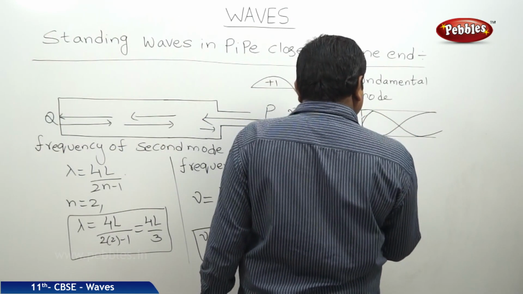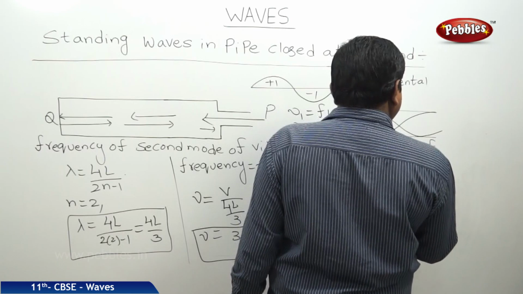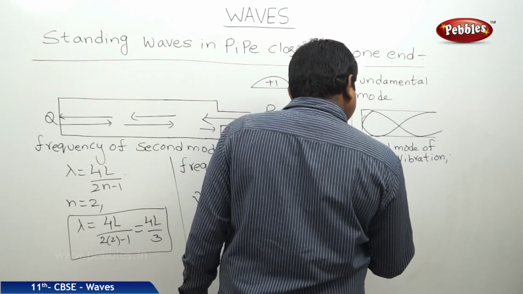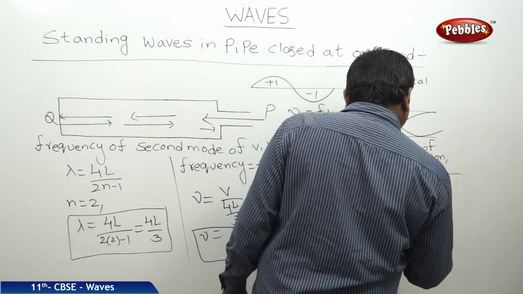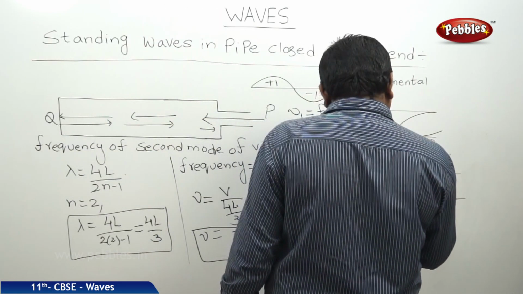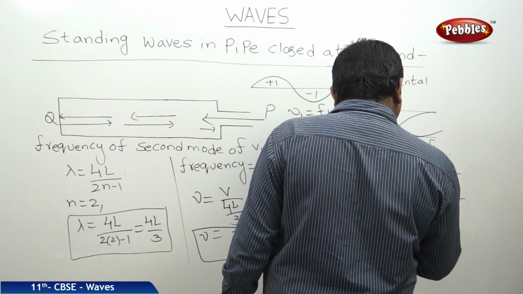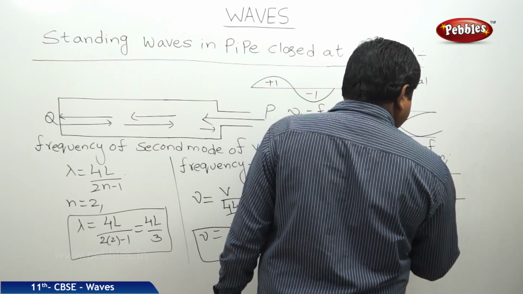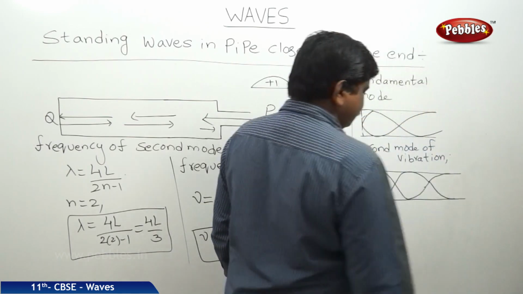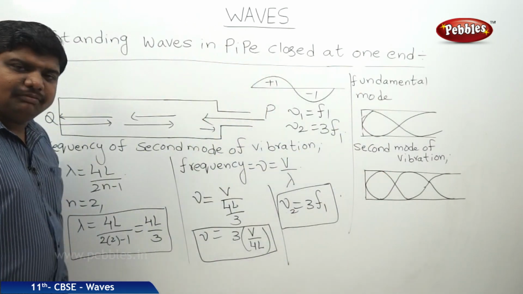Two loops will form. This is 1, this is 2, and this is 3. The third one will be open and 2 are closed. So like this we can find out the modes of vibration.